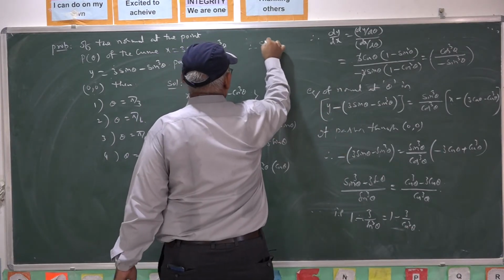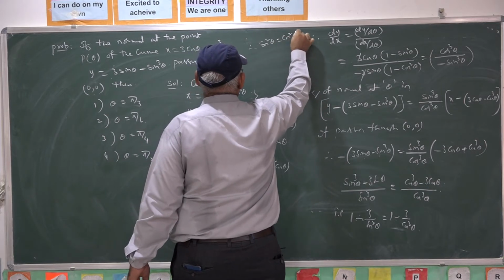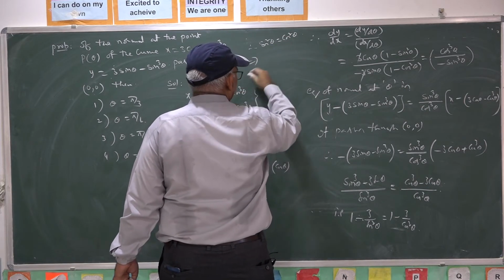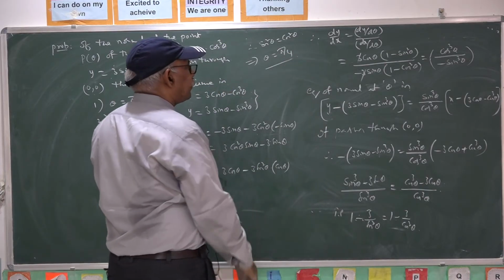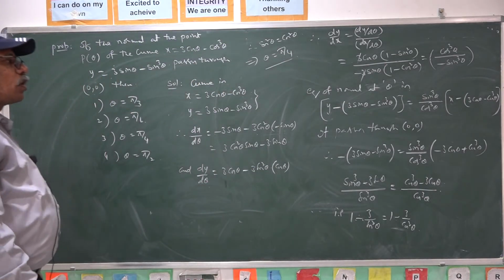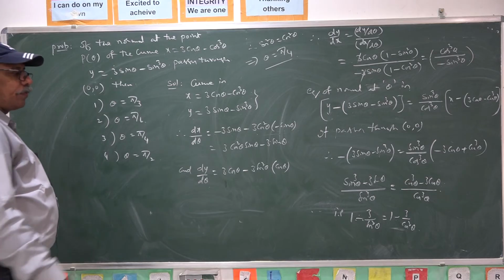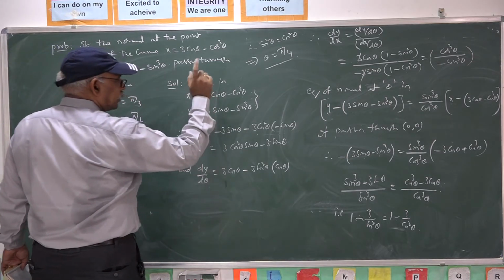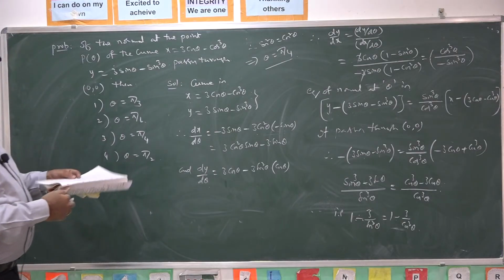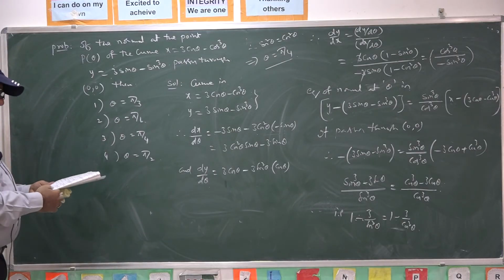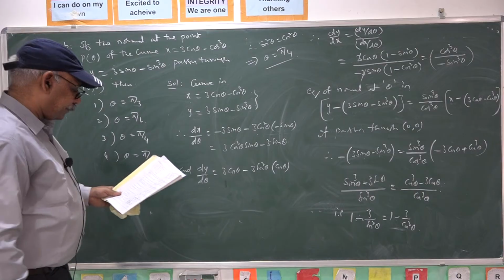That is satisfied by sin square theta is cos square theta. That gives us theta equal to pi by 4 only. At pi by 4, once the normal is drawn to the given parametric curve, the normal always passes through the fixed point origin. That is the conclusion here.